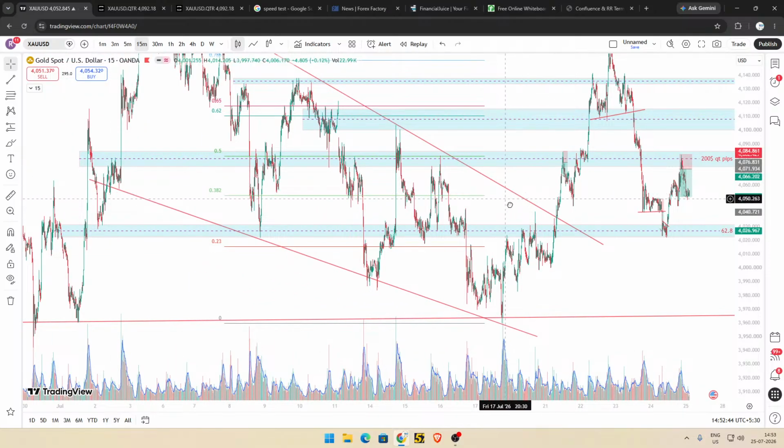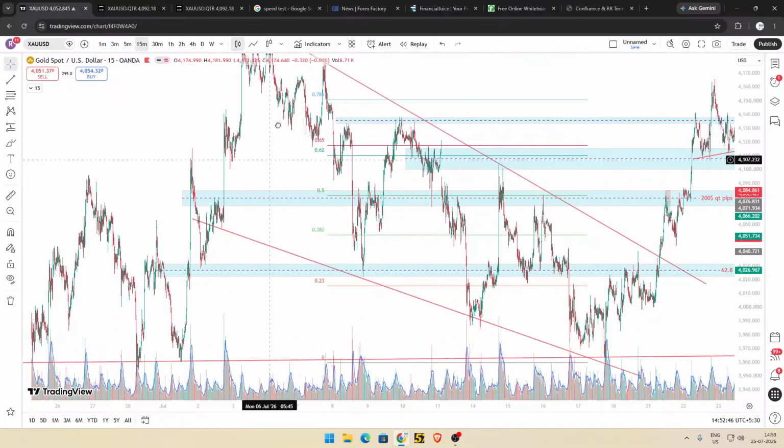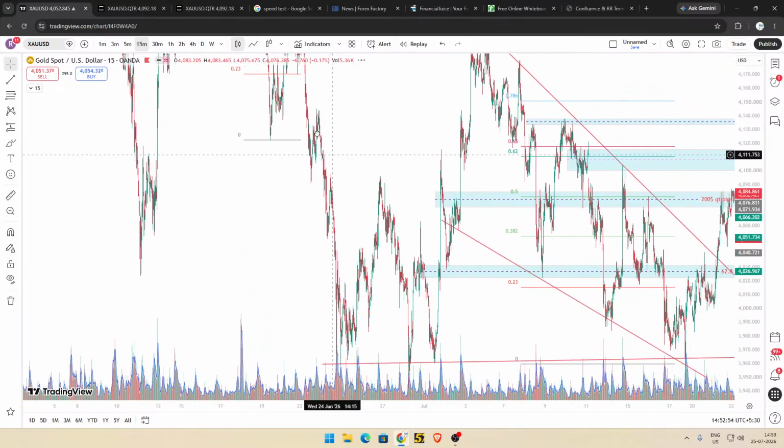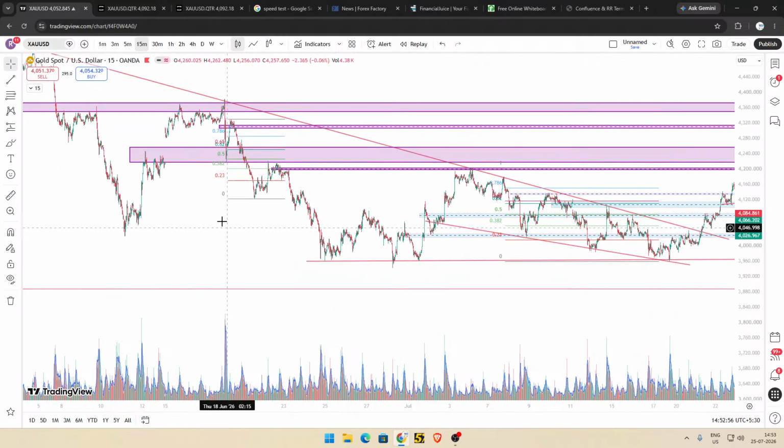And another thing I want to say: you can see over here, from last month, this was the last setup. After that, this was another setup. So setups were forming.